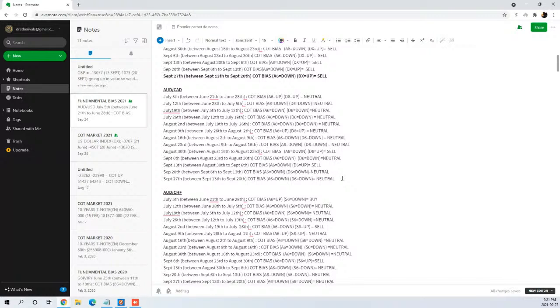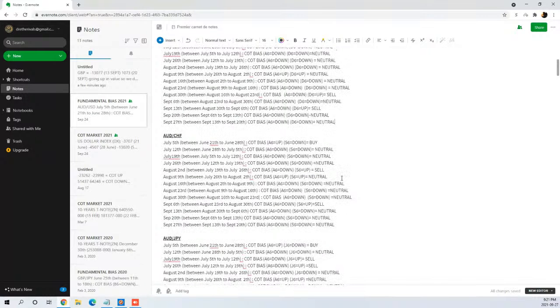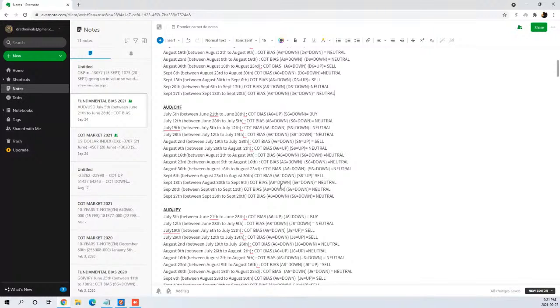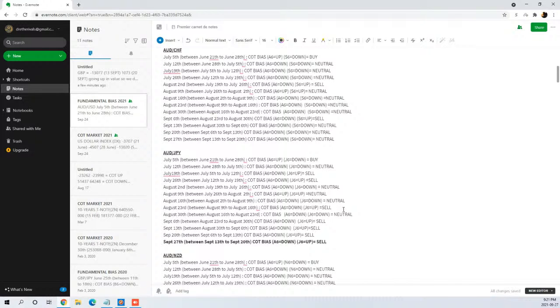Let's move on. AUD CHF, same thing, neutral, because the CHF is going down and the Australian dollar is going down. AUD JPY, the yen is going up for the week, meaning we have a bias for that pair because the Australian dollar is going down, the opposite of what we're seeing for the yen.